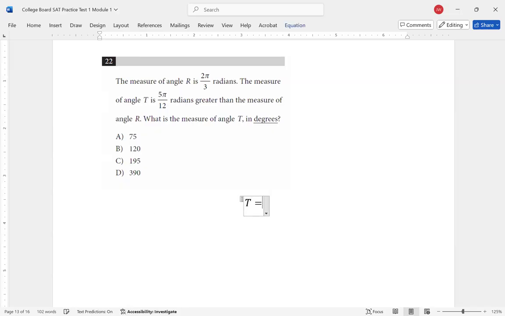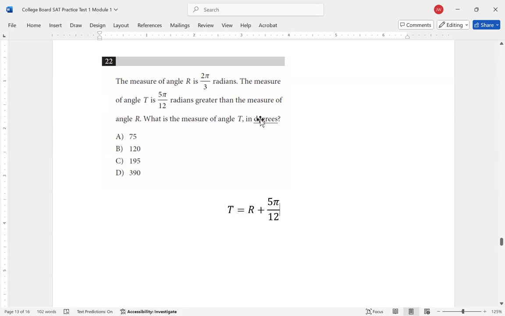T is going to be equal to the measure of angle R plus 5 pi over 12. That's what it says. So this is the value of T in radians.